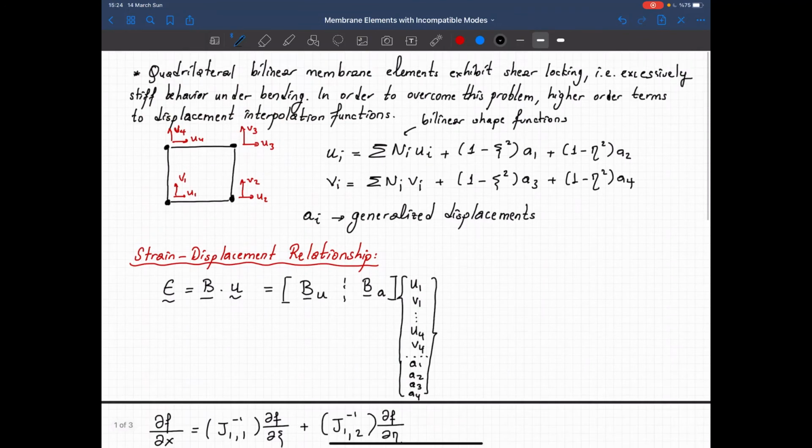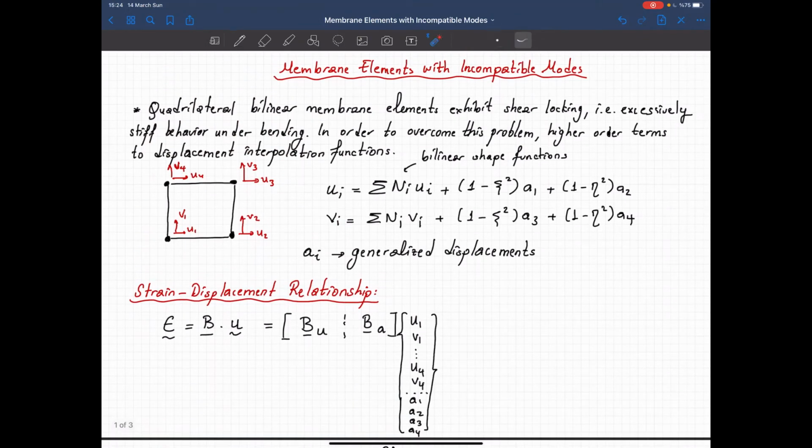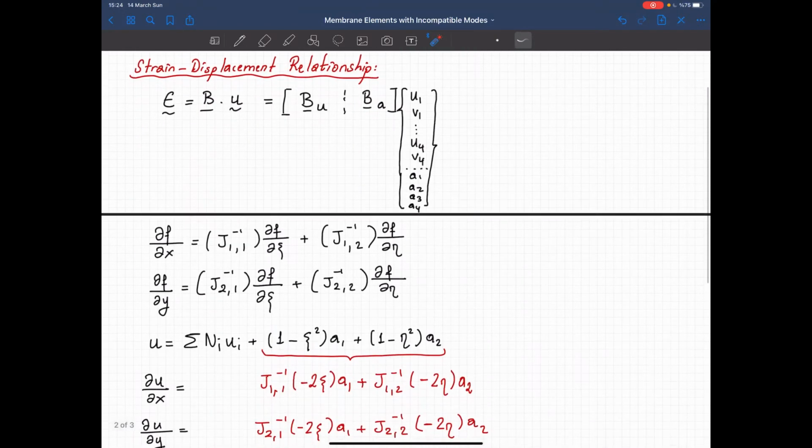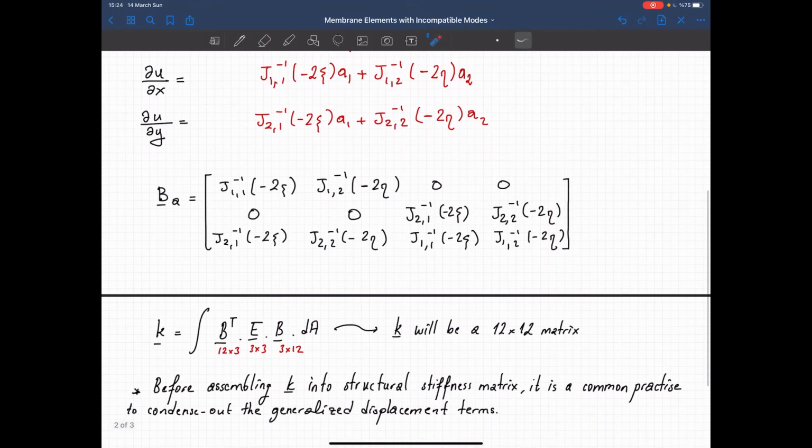So what we do is, I have this element, I have A1, A2, A3 and A4 in this element. I calculate the stiffness matrix for the nodal displacements as well as these generalized displacements, and then I condense out these terms A1, A2, and so on, and I end up with an 8 by 8 matrix written in terms of these nodal displacements only. That's a common practice for this type of elements.